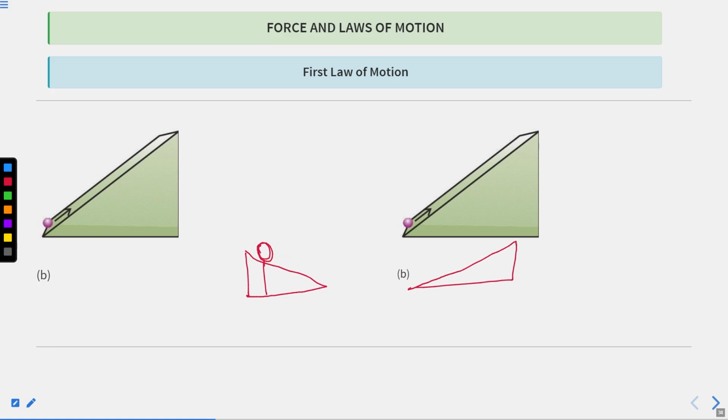If this marble starts from this point, it will reach the ground, travel some distance, and if there is no friction, it will again reach the maximum height from which it began, then fall back, return to the original position, and continuously oscillate.